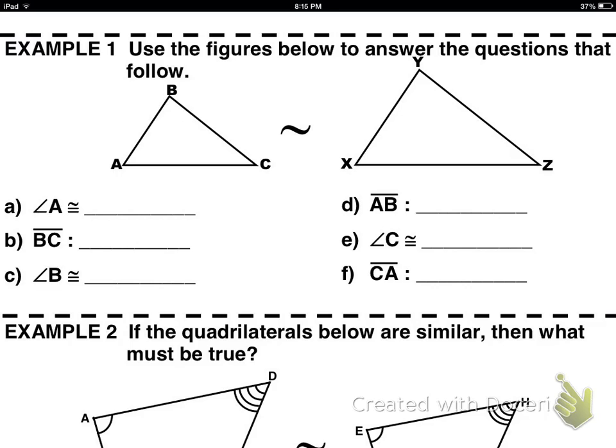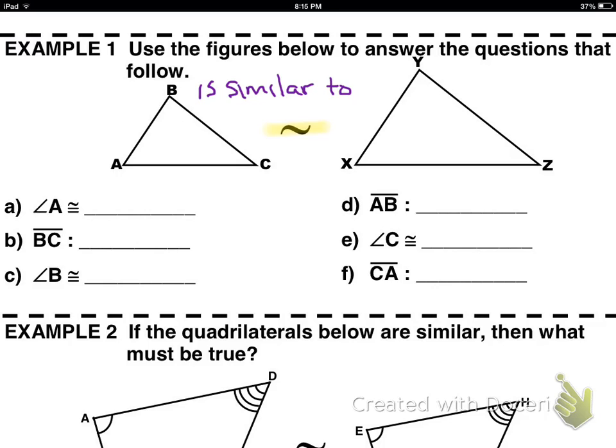Here we have two triangles that are said to be similar. The little symbol there highlighted in yellow is similar to. So we are being told by that symbol that triangle ABC and triangle XYZ are similar triangles.